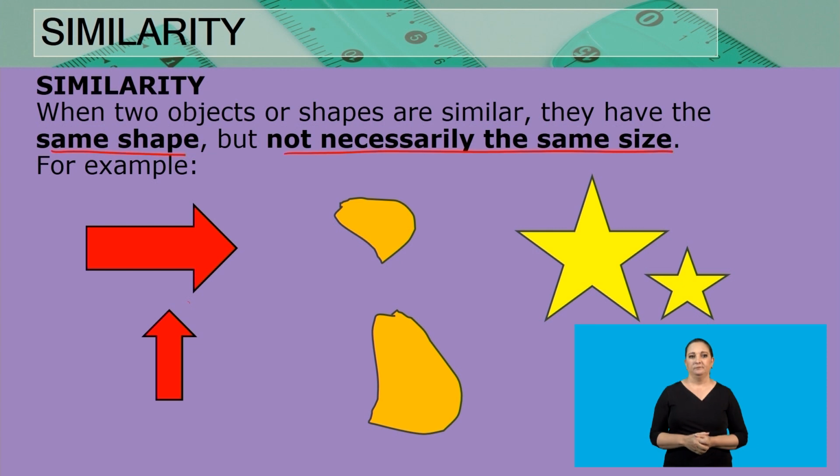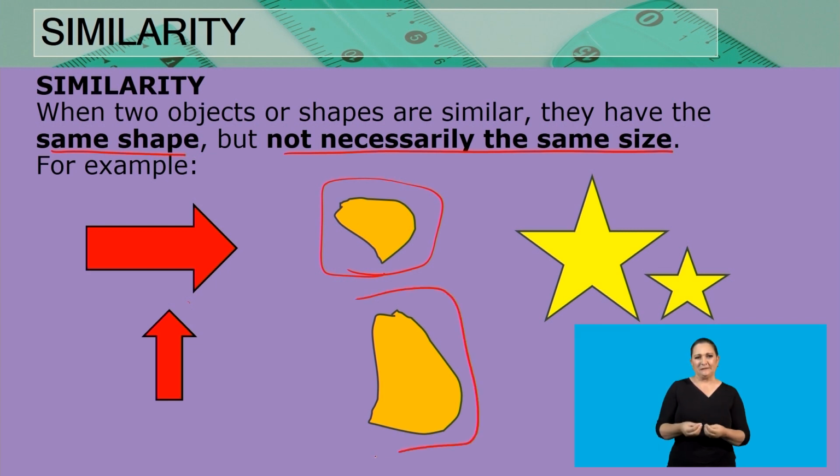Let's look at the next object here. We have a smaller object, and the same thing in a bigger version. So we can see that they are the same shape. If we were to rotate them, they would be exactly the same shape, but they are not the same size.